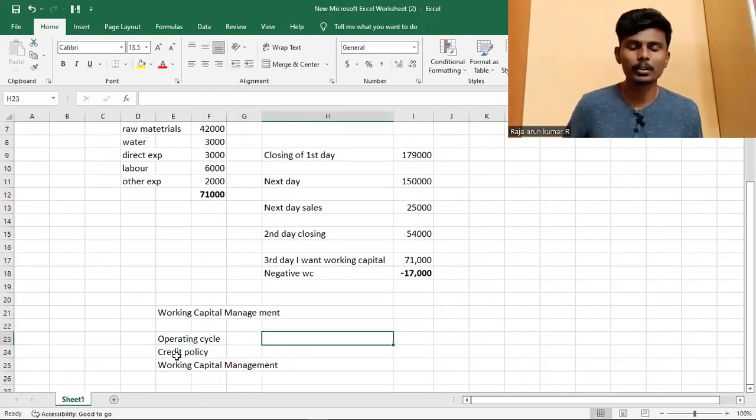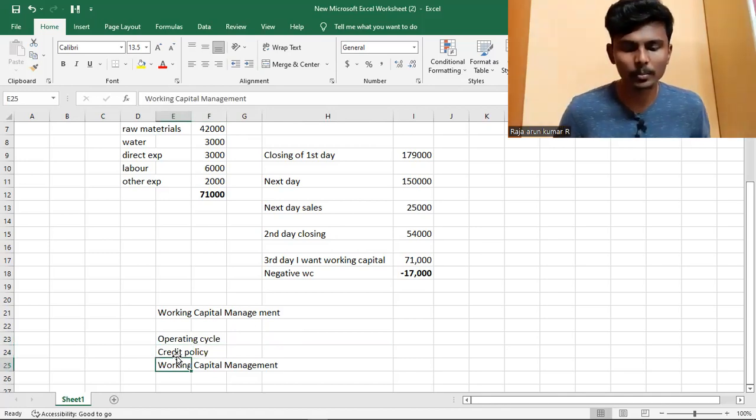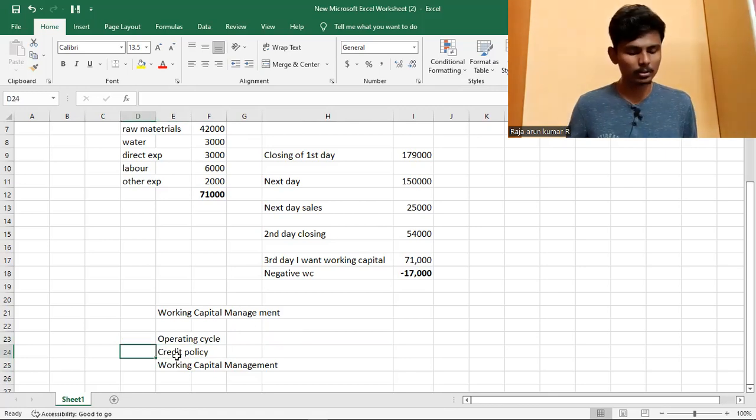Operating cycle. What is the operating cycle? This is a simple concept. I will explain it continually. The next video will be credit policy, and another next video will be working capital management.